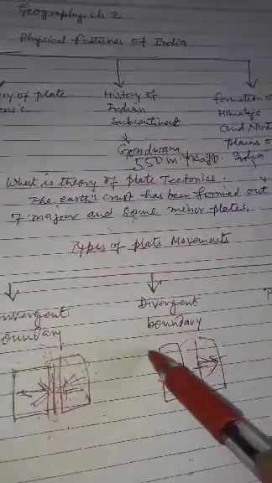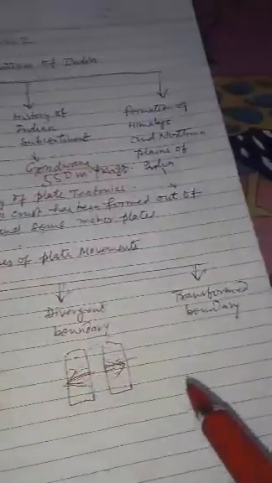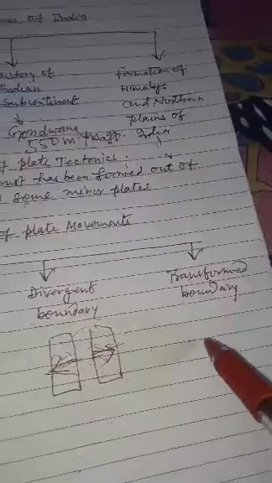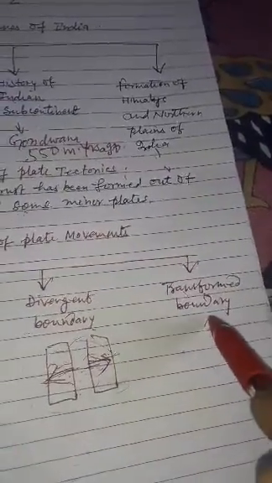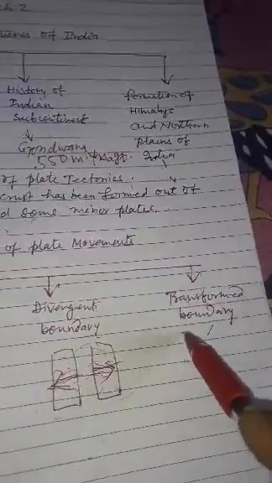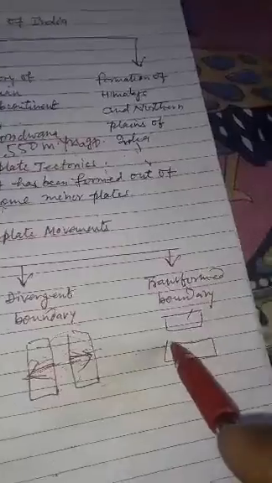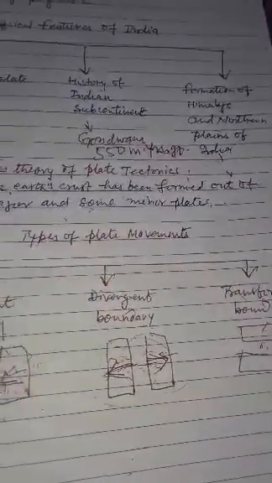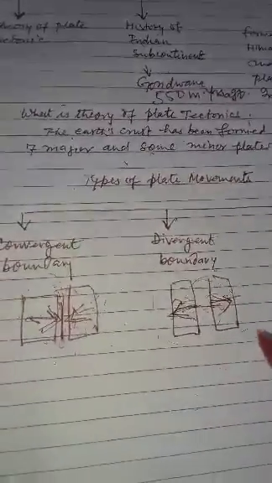This is divergent boundary. And this is transform boundary. When two plates move past each other horizontally, this is known as transform boundary. So the first point of the features we have seen.